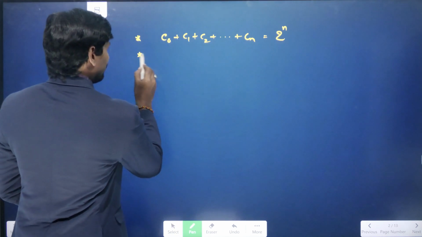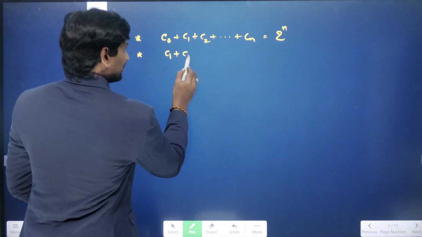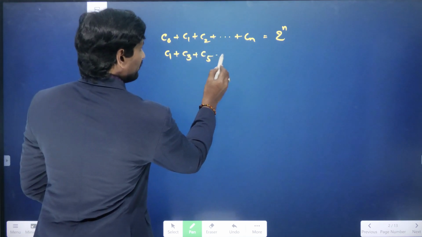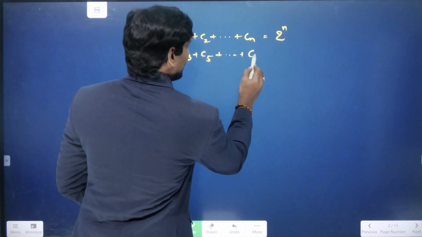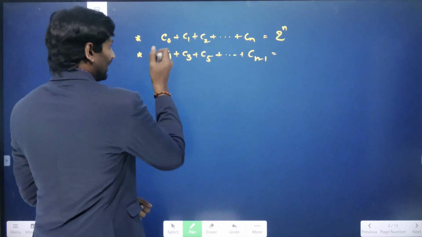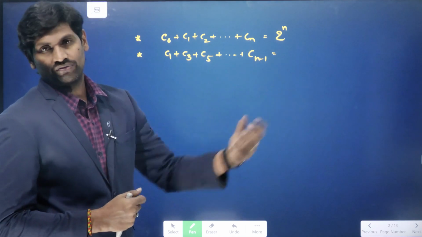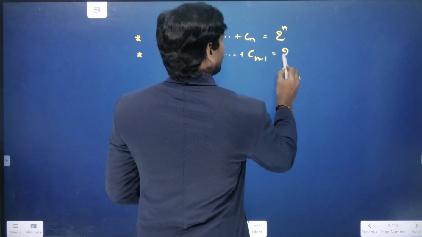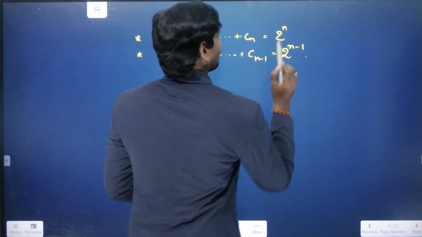And also the second one: C1 plus C3 plus C5 plus and so on. Here we are taking only the sum of odd coefficients, which will be 2 power n minus 1.